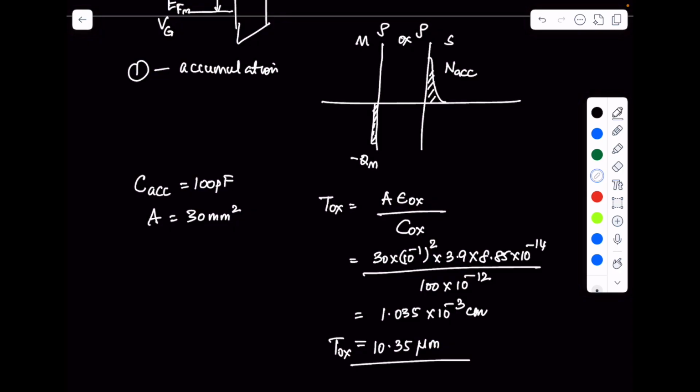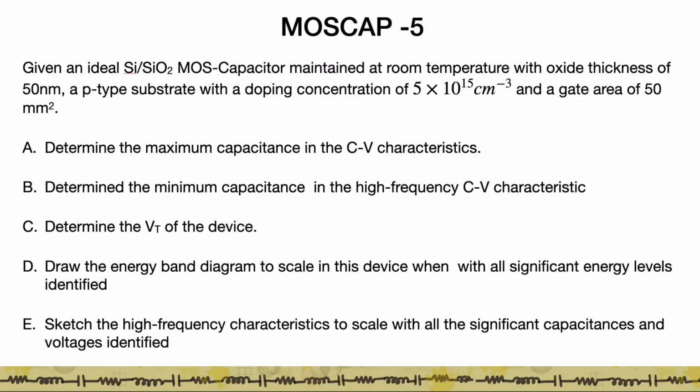Let's go on to the next question. Given an ideal silicon dioxide MOS capacitor maintained at room temperature with an oxide thickness of 50 nanometers, a p-type substrate with a doping concentration of 5 into 10 power 15 per centimeter cube and a gate area of 50 mm squared: 1.